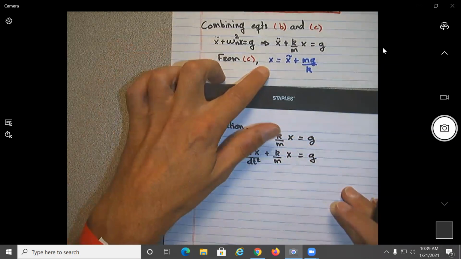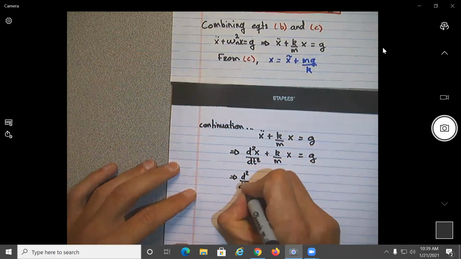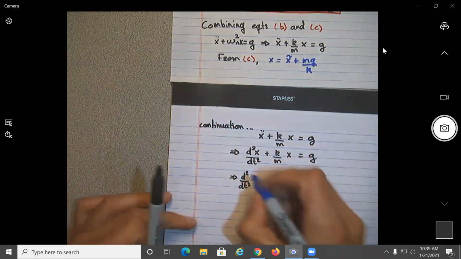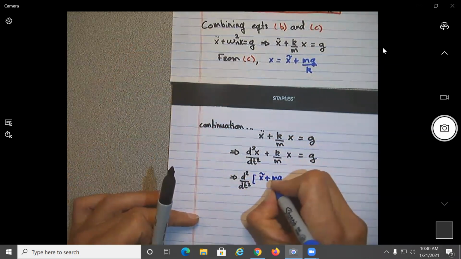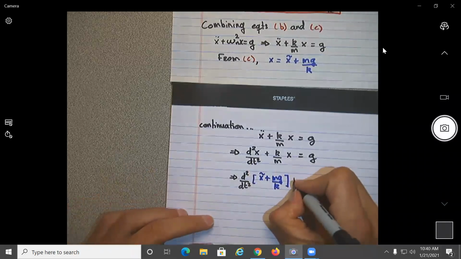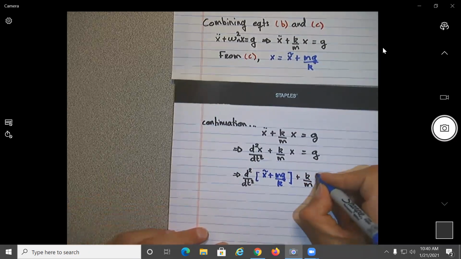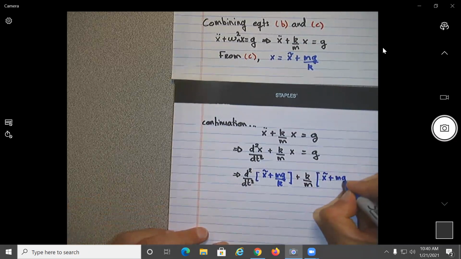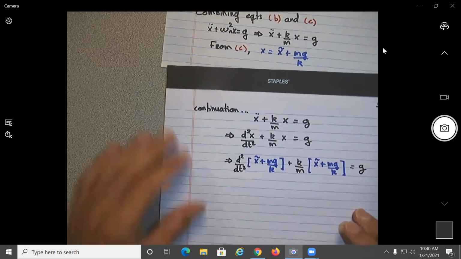Now, if I use this relation here, this will be equal to what? Second derivative with respect to time of x wiggly plus mg over k. I'm just substituting, plus k over m times x, which is x wiggly plus mg over k, equal to g.